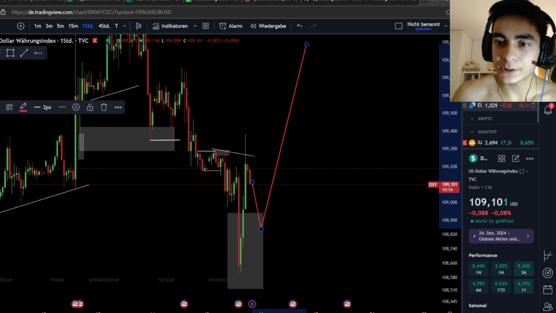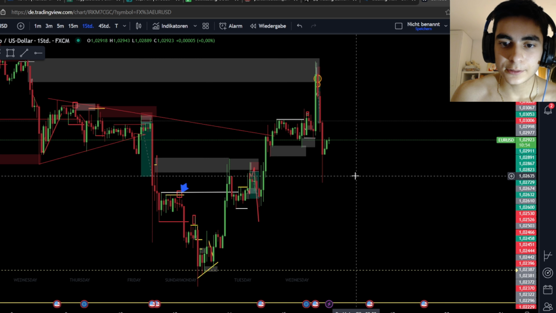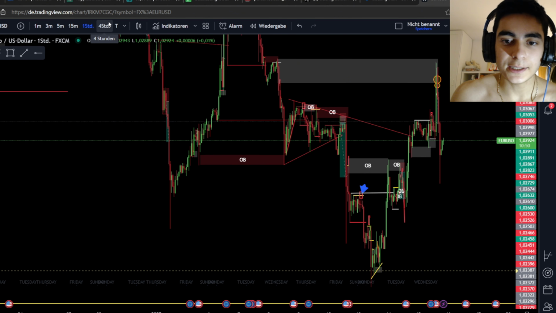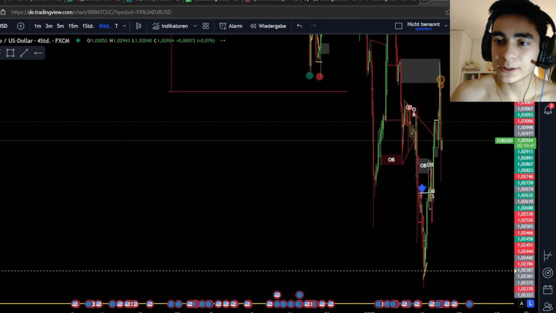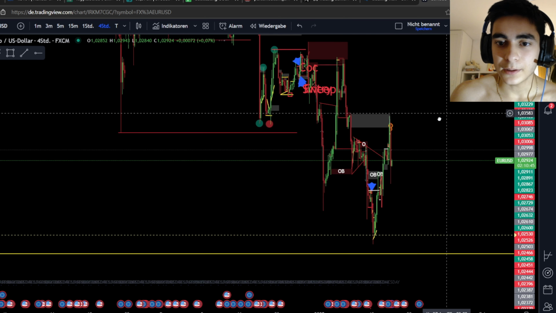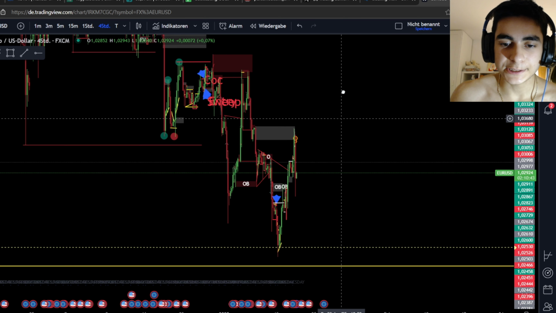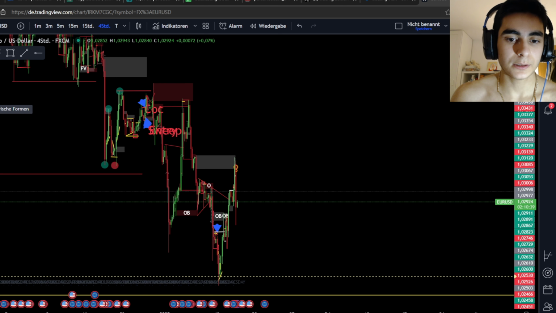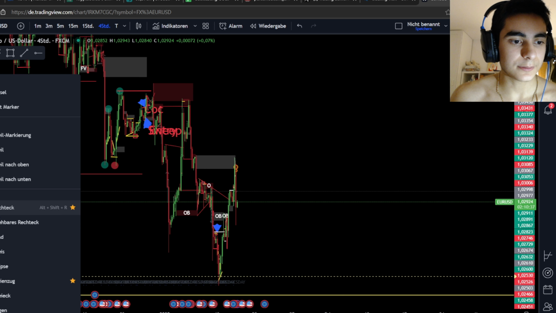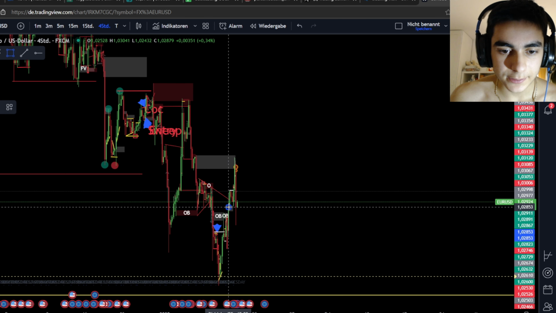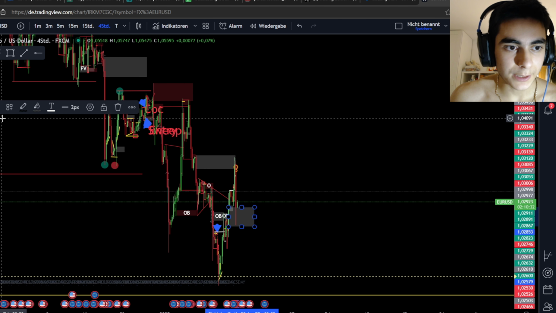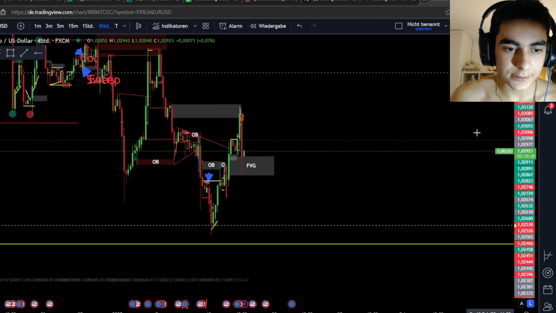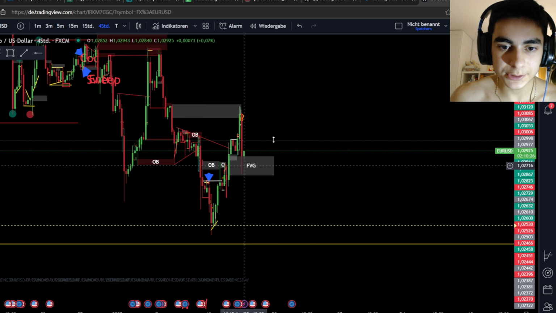And if we go to the euro dollar, this would mean that the euro dollar would just proceed to go lower if the DXY is bullish again, which might happen because price came back to this fair value gap with a nice candlestick rejection.